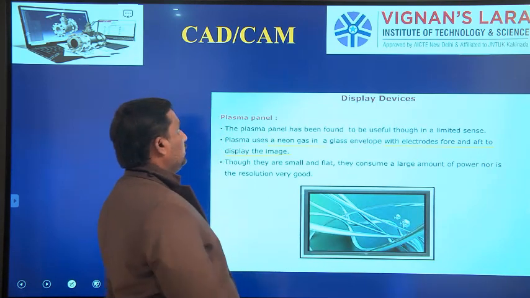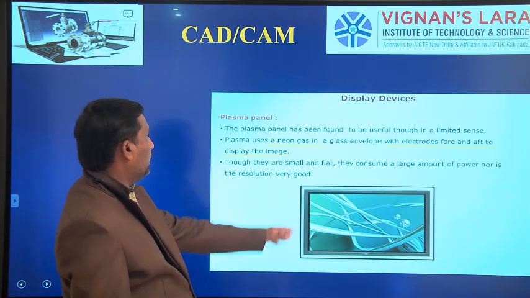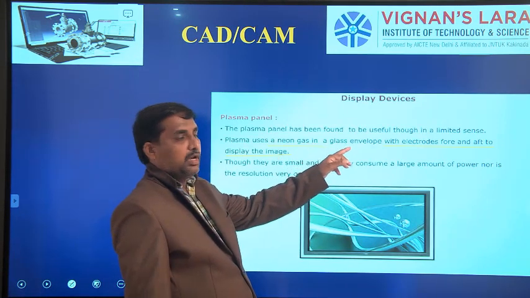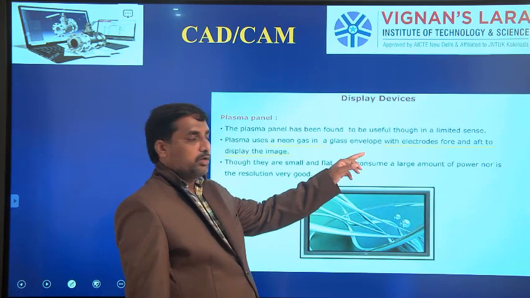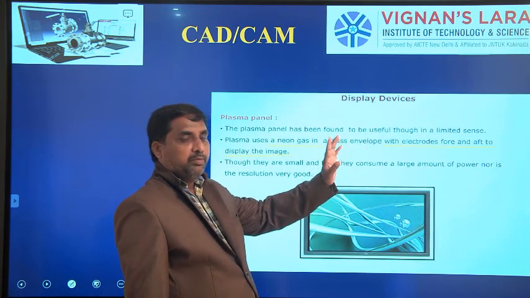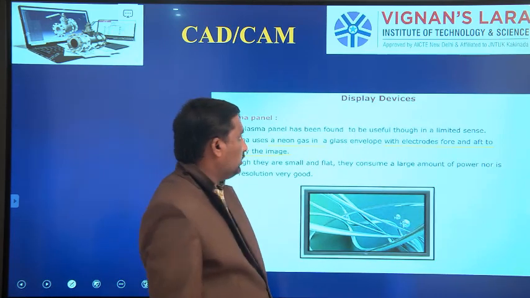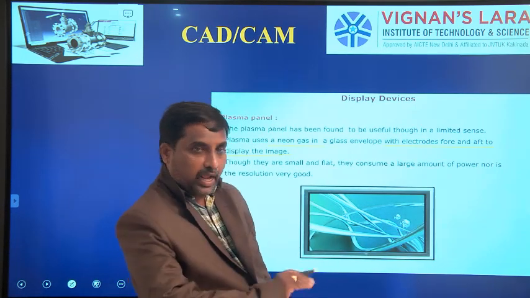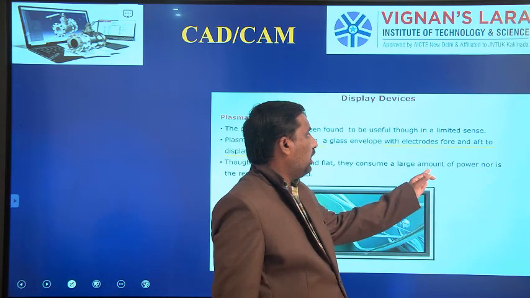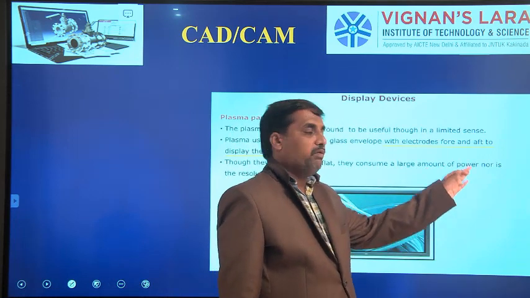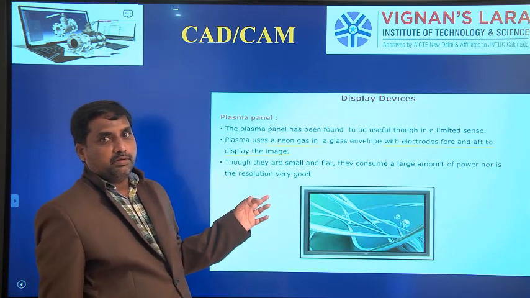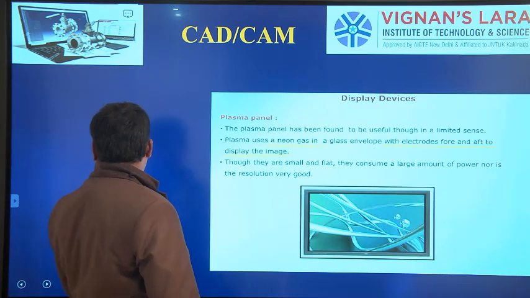Again, I am telling that it has neon gas enclosed within a glass envelope, and it consists of electrodes to display the image. Though they are small and flat, they consume a large amount of electrical power, but the resolution may not be very good.